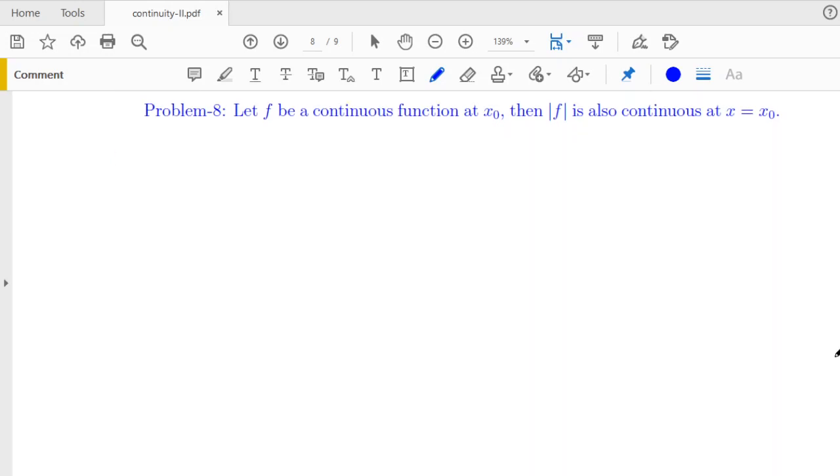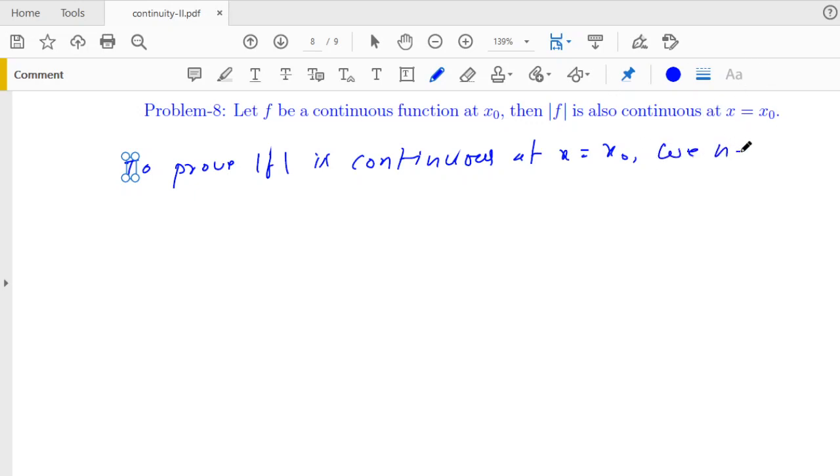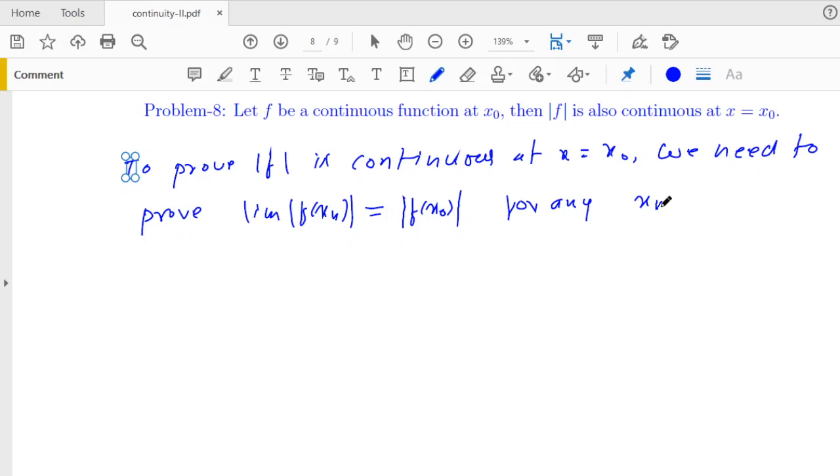To prove that mod f is continuous at x naught, we need to prove that limit of mod f of xn converges to mod f of x naught for any sequence xn in the domain that converges to x naught.